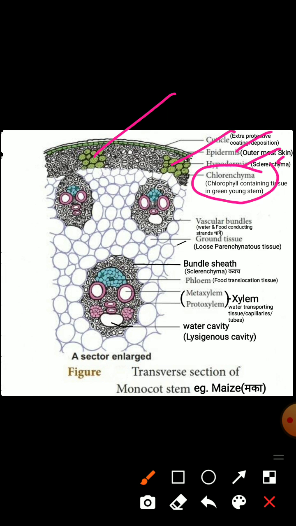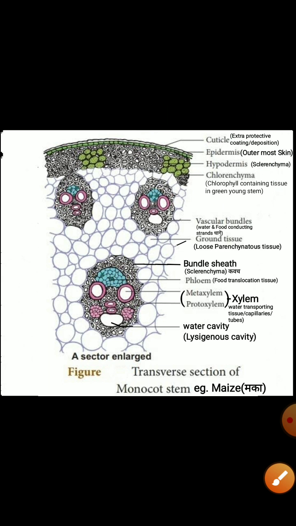If the stem is matured, this hypodermis does not show chlorenchyma. You can sketch chlorenchyma over here just like this figure, or you may not sketch it. It is not necessary that the chlorenchyma must be sketched. It can be avoided. You can sketch only the sclerenchyma in the region of the hypodermis.